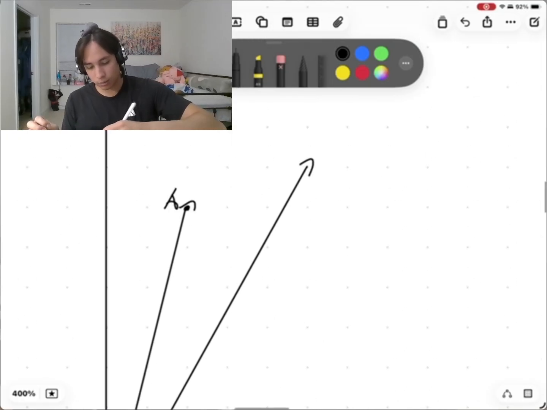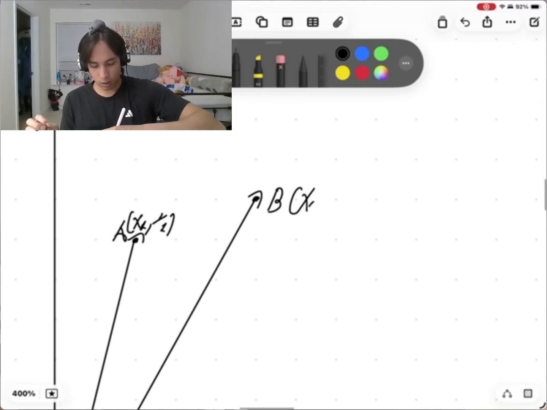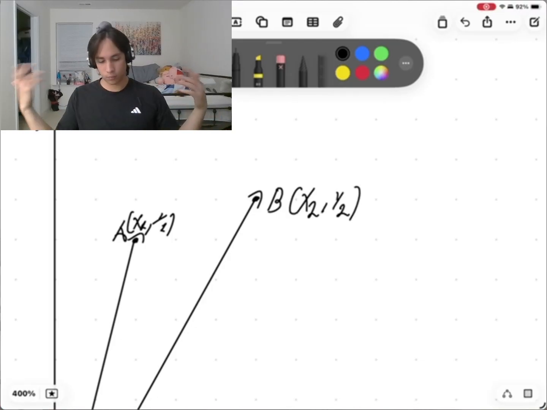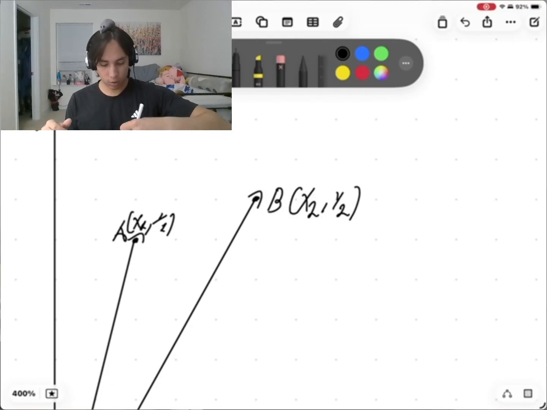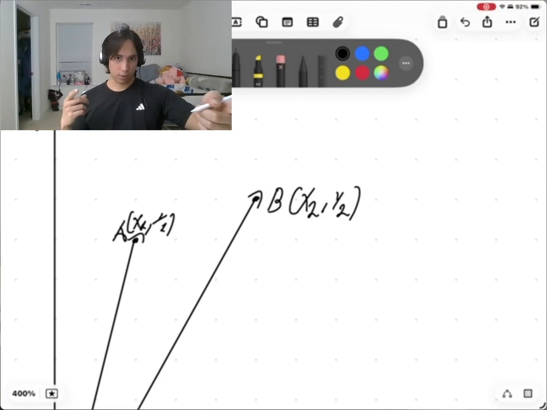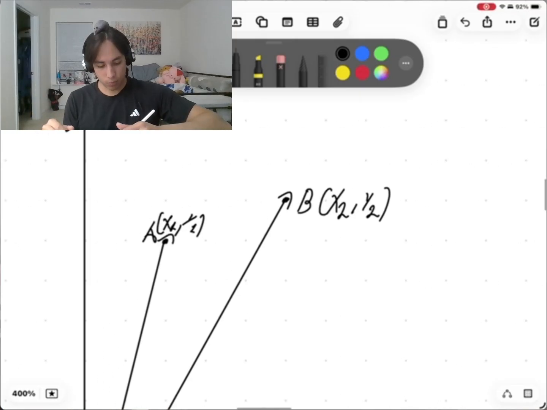This point A, this point B. That's what the question says. Let point A be x1, y1 and B be x2, y2, right? And it's asking us to find the distance between A and B, right?